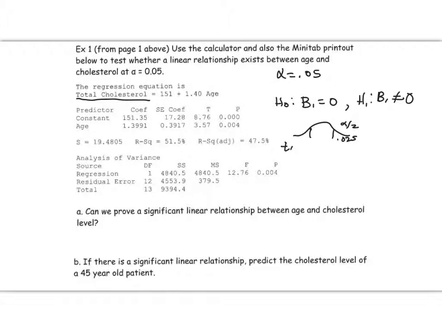And then we're going to need T alpha over 2. And I do that by going to inverse T, putting in 12 degrees of freedom and 0.025 into my area. And T alpha over 2 is plus or minus 2.18. So that's the critical value I'm going to be comparing with.